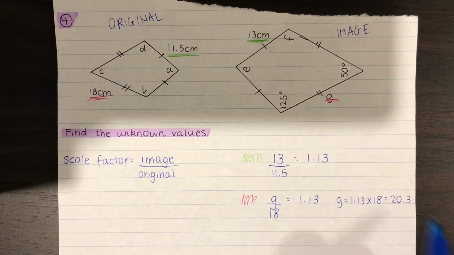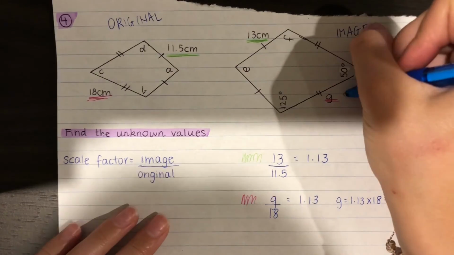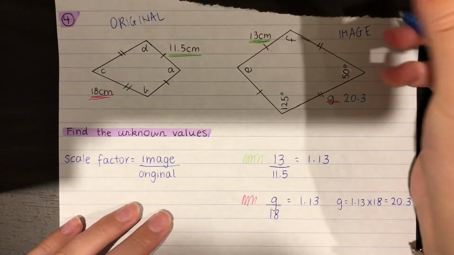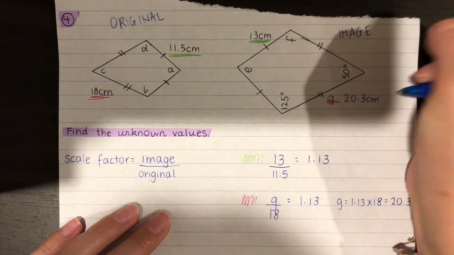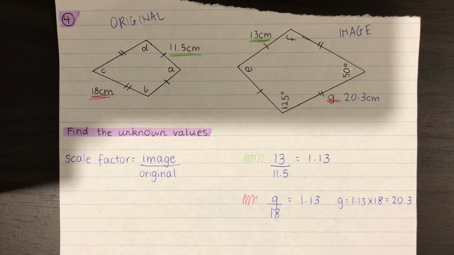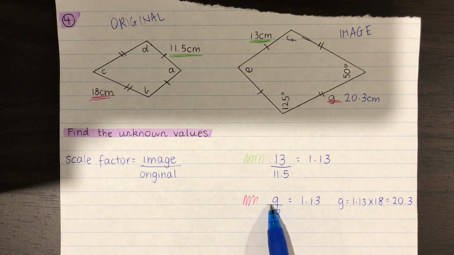So G equals 20.3 centimeters. If you substitute 20.3 in for the G and divide by 18, you would get 1.13. So if your unknown's at the top, you multiply the bottom by the answer.